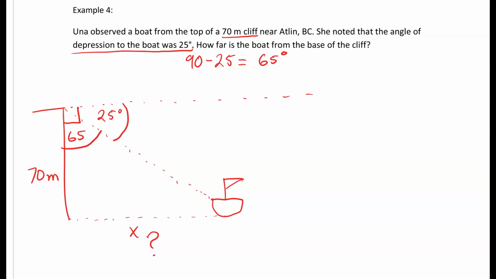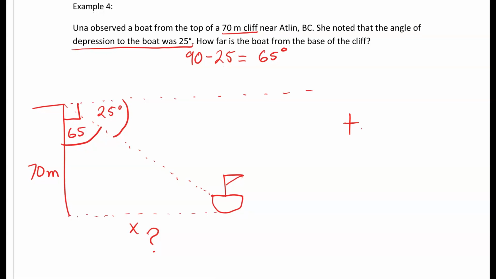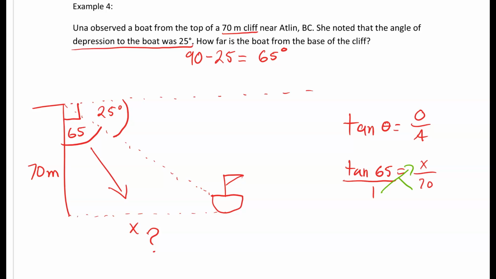Now, if we use our tan ratio, we have tan theta equals opposite over adjacent. So we're going to have tan of 65 is equal to our opposite from 65, which is going to be x, over our adjacent, which is going to be 70. So we have all this over 1, and we're going to do our cross multiplication.